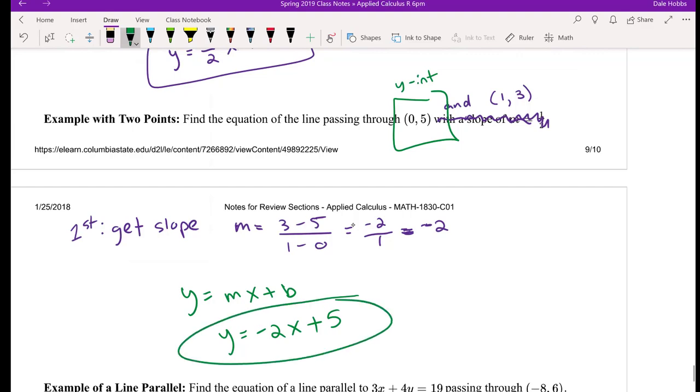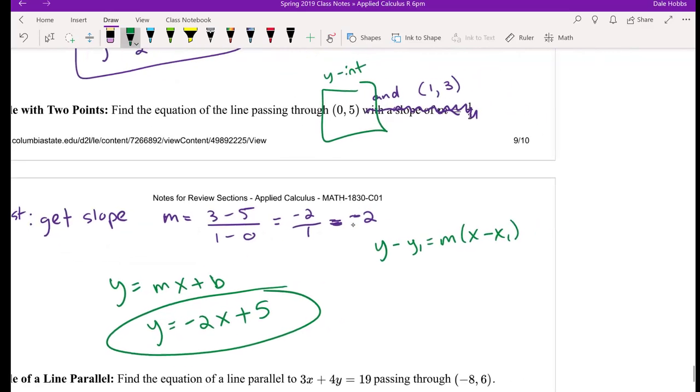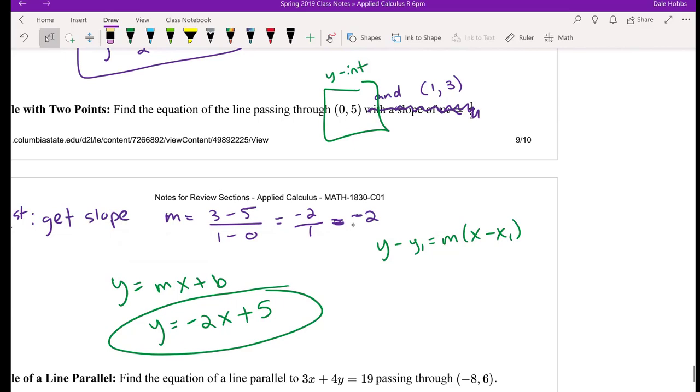Now you could also use the other formula, the y minus y1 equals m times x minus x1. You could use that as well. I would still use that same point 0, 5, because there's a 0. Your y1 for this, remember how this was x1 and y1 right there? I would use those points.